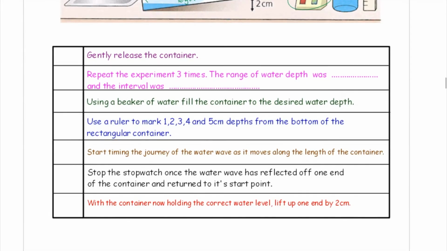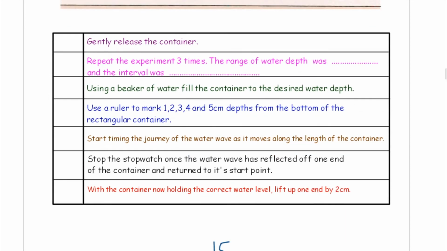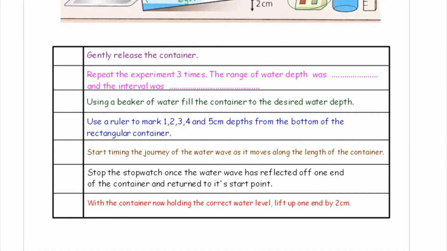So just number those boxes on the left hand side and press pause now, and when you've numbered those boxes, press play to compare. I've completed it there, so check against that.